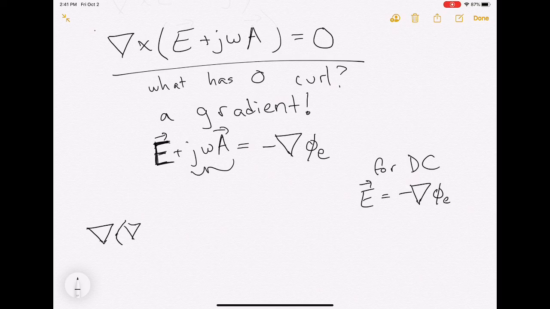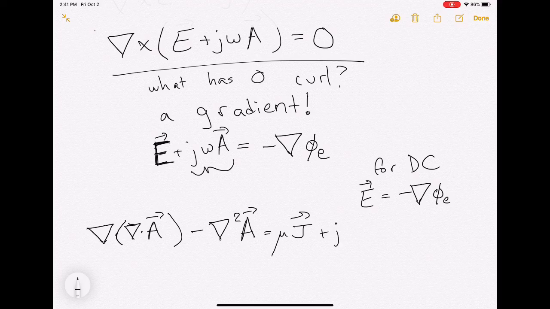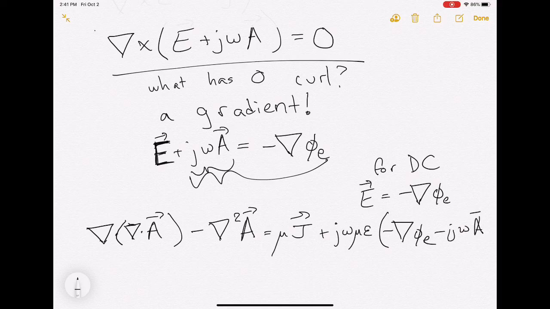Gradient of the divergence of A minus Laplacian of A equals mu j plus this new thing that we're going to substitute in for E. So we had j omega mu epsilon times those two terms in place of E. So minus the gradient of the electric scalar potential minus j omega A.